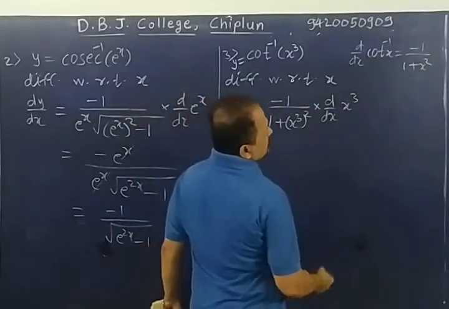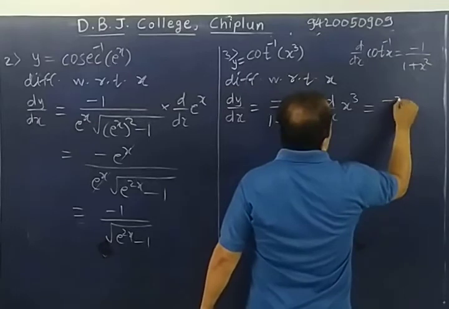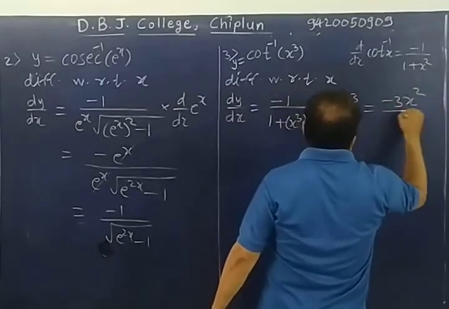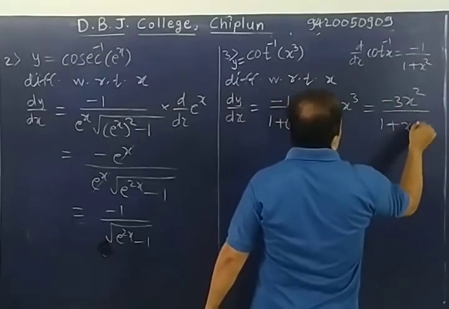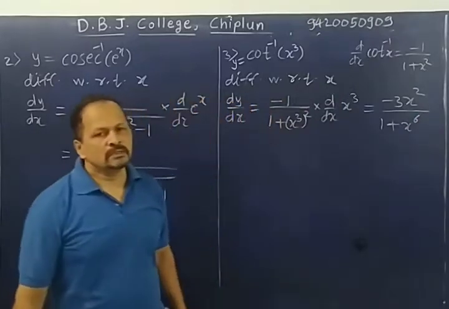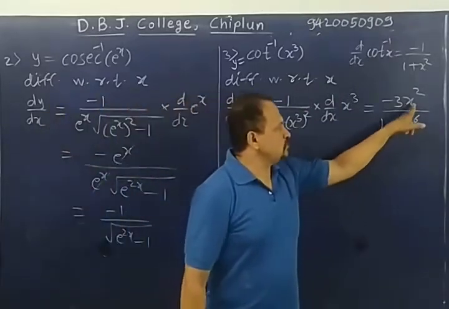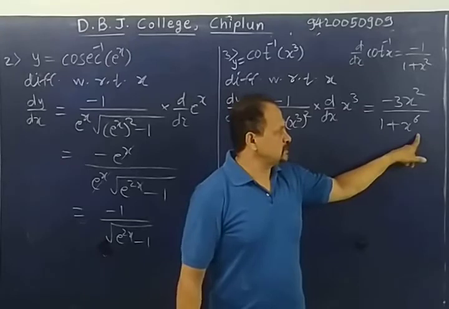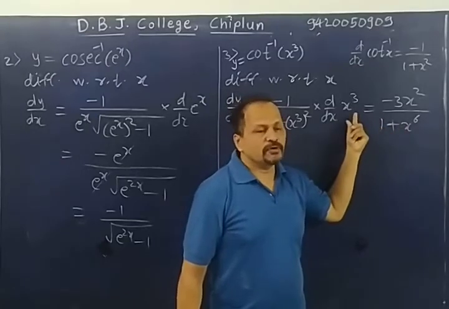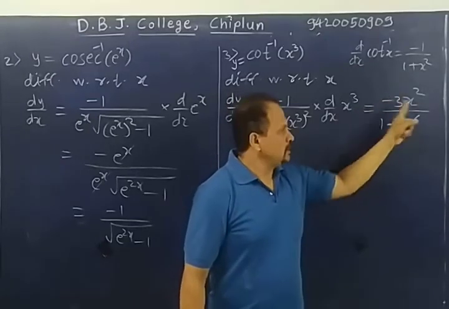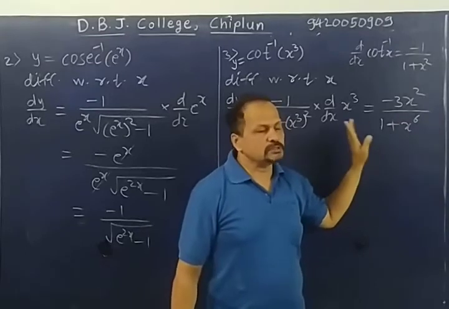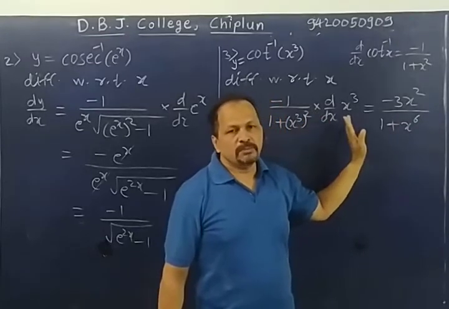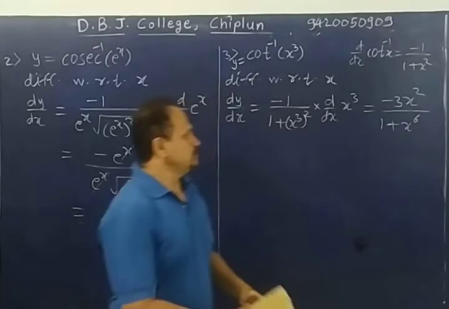The derivative of x cube is 3x square. So the answer is minus 3x square upon 1 plus x raised to 6. You cannot cancel this square with this raised to 6 because you have to take common first, then only you can cancel. Here cancellation is not possible. This is a common mistake made in the examination.